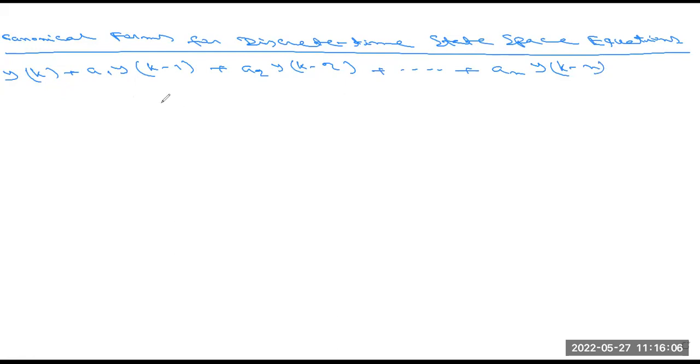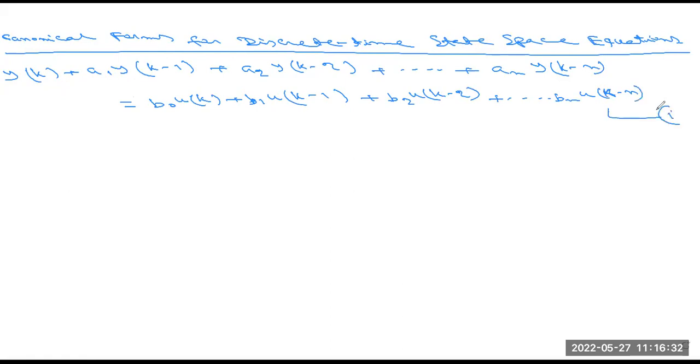Another one, the output equation: b0 u of k plus b1 u of k minus 1 plus b2 u of k minus 2 plus dot dot dot, n number of terms, bn u of k minus n. This is equation number 1.